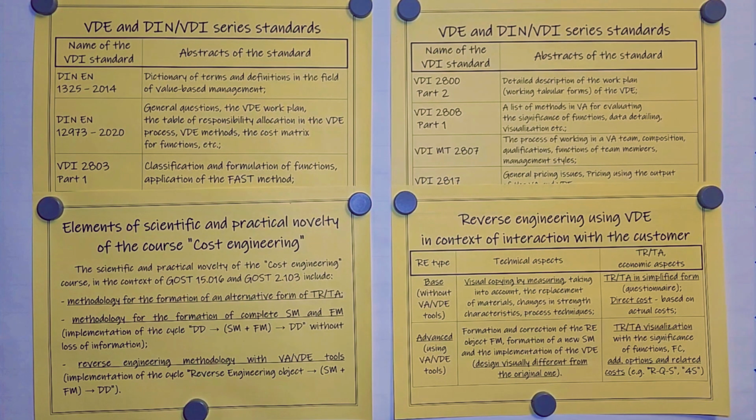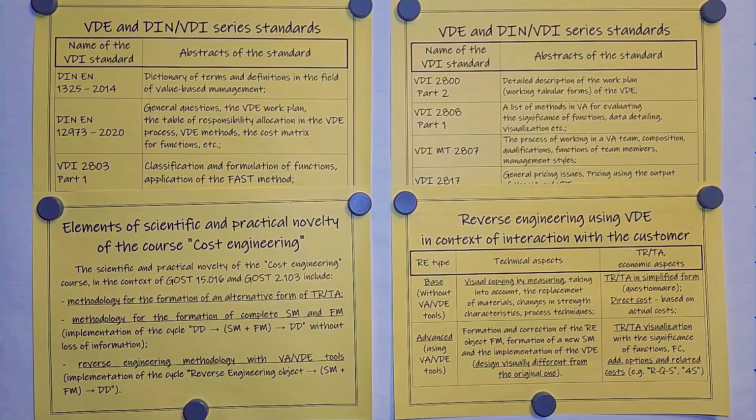The most interesting thing in the standard, in the concept of practical cost engineering, is, in my opinion, a table with a work plan for the functional cost analysis, a table of responsibility allocation during functional cost analysis, and a general description of generally accepted methods of functional cost analysis, as well as examples of tabular cost matrices for functions.